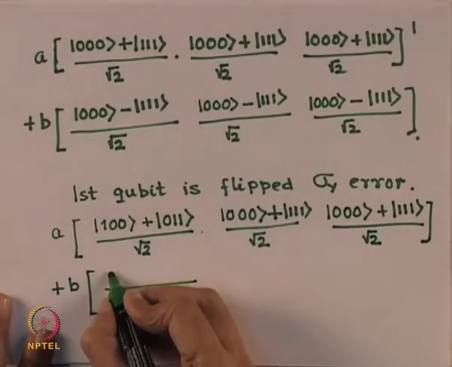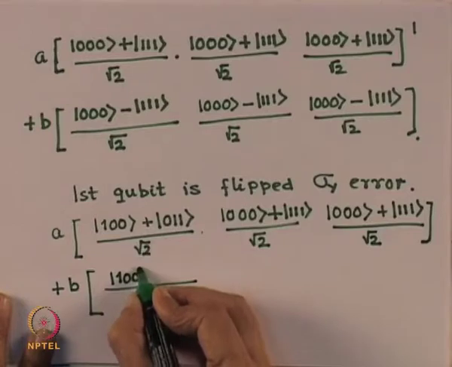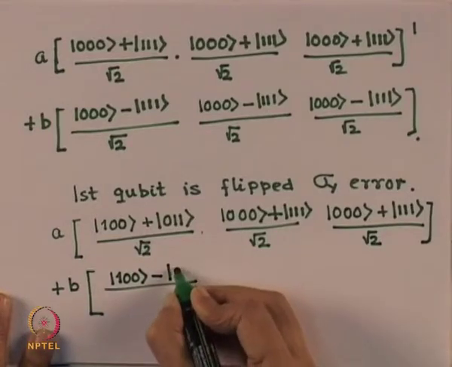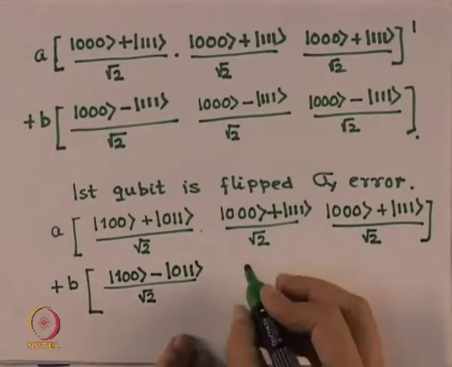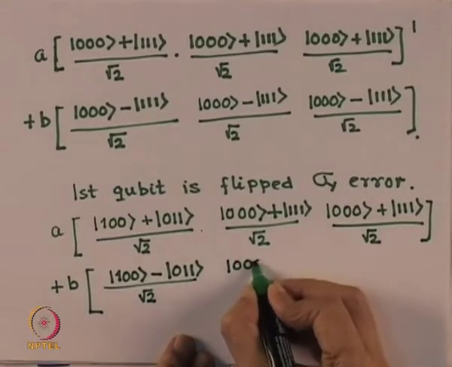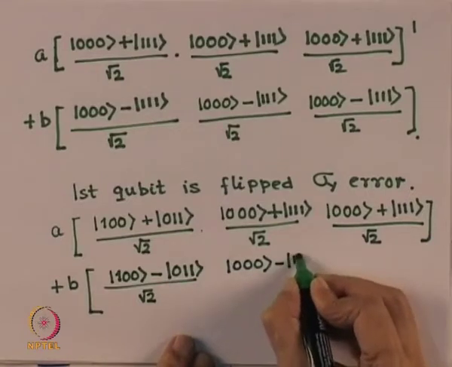So this 0 has become 1, 1 has become a 0, and the other two I will retain exactly the structure that they had.